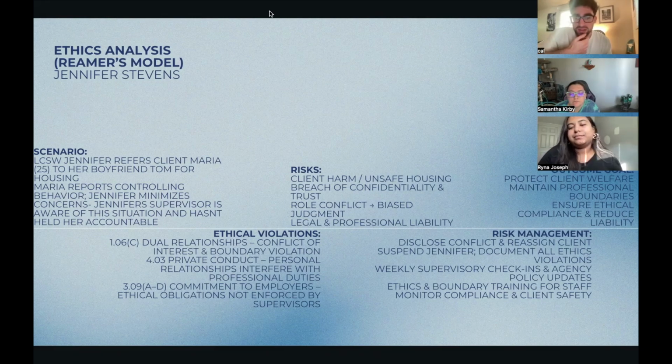We would do weekly supervisory check-ins with all providers and agency policy updates after this incident. And we would also require ethics and good boundaries training for all staff within the next month, and then follow up by monitoring compliance by providers, and doing screeners for client safety.